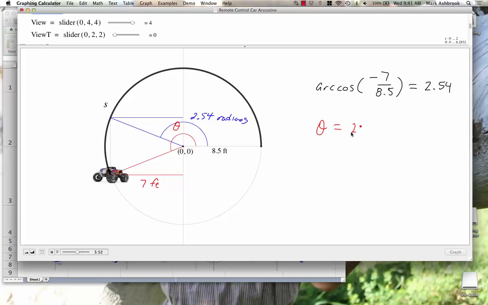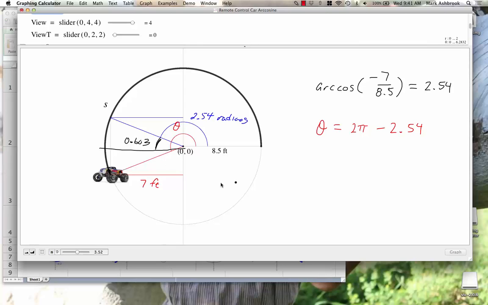That's one way to do it. Anyone do it a different way? Yeah? You want to do pi minus that, and that would be this one here. So if you did pi minus 2.54, you get 0.603.